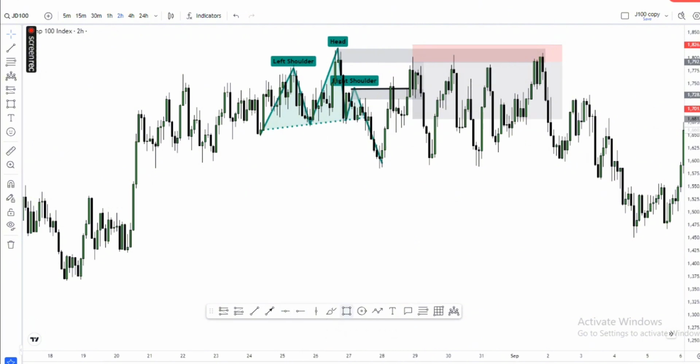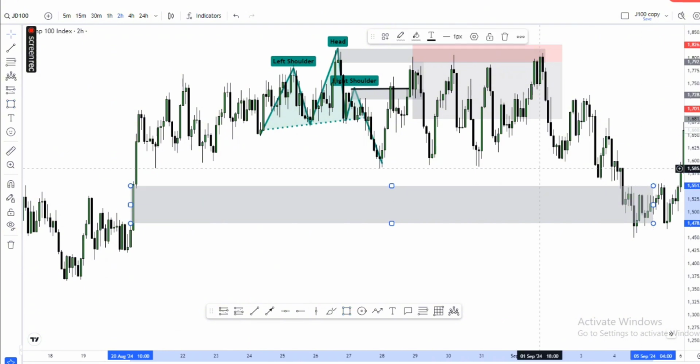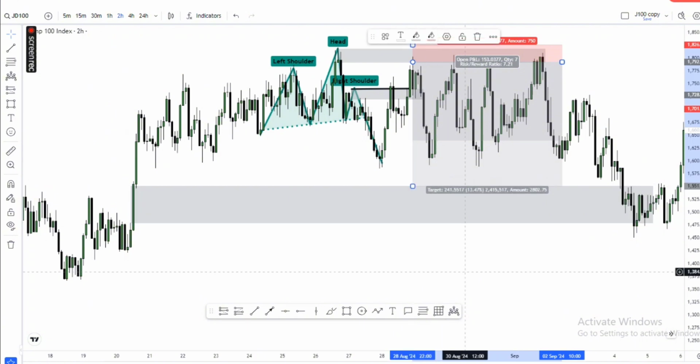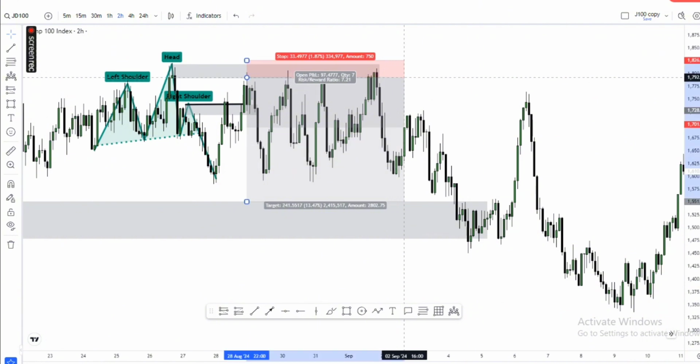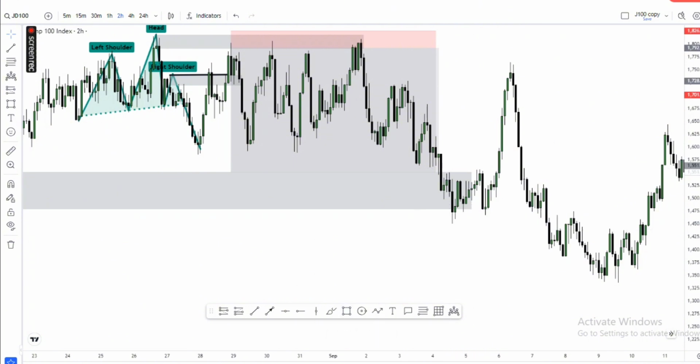In this case, I would have targeted the possible imbalance. Better still, like I said, can you see this? If you target an imbalance, it would have been like 1:7. That was not bad.